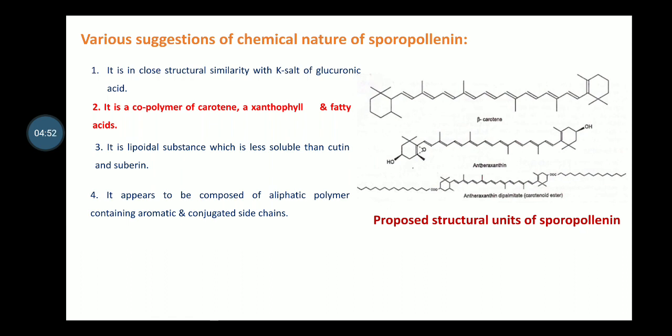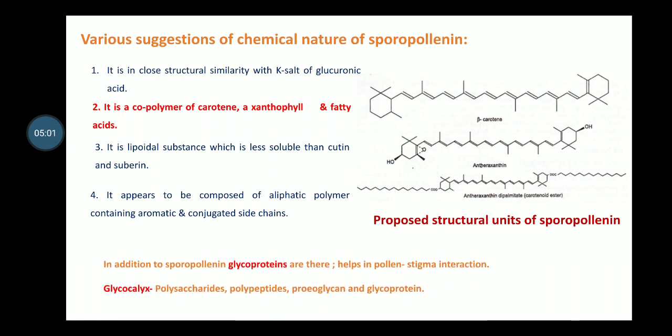It is a very complicated structure, but this structure is most acceptable nowadays, and from the beginning this view has been widely accepted. In addition to sporopollenin, glycoproteins are there that help in pollen-stigma interaction, and there is a glycocalyx material composed of polysaccharide, polypeptides, proteoglycan and glycoprotein.